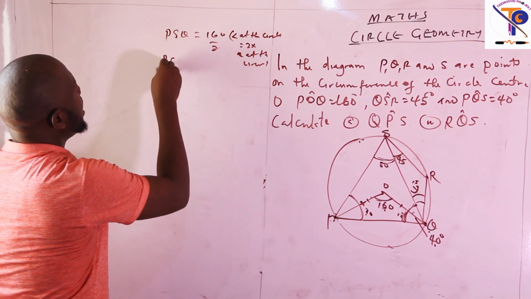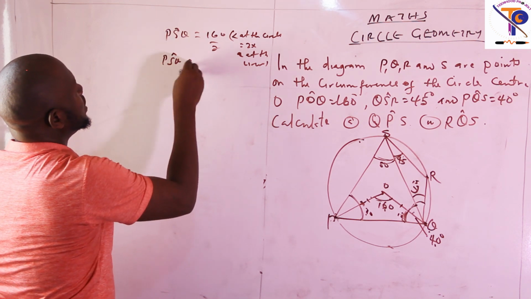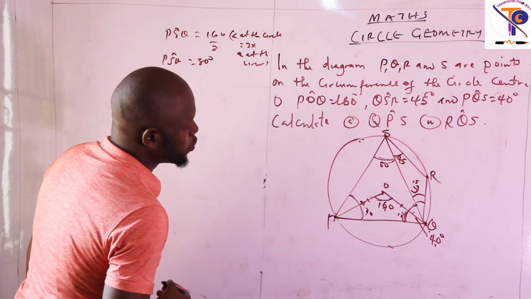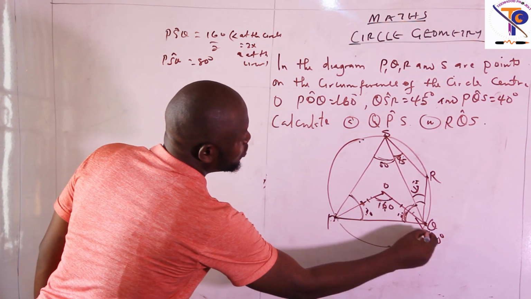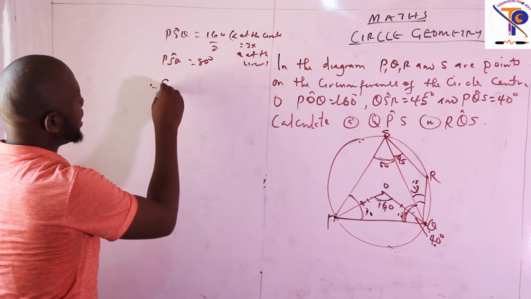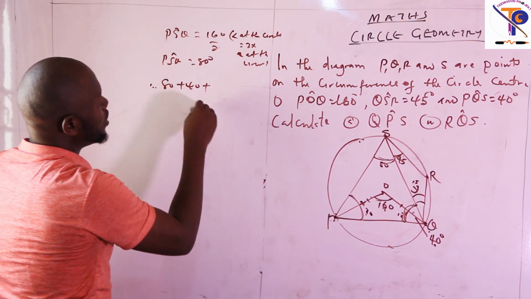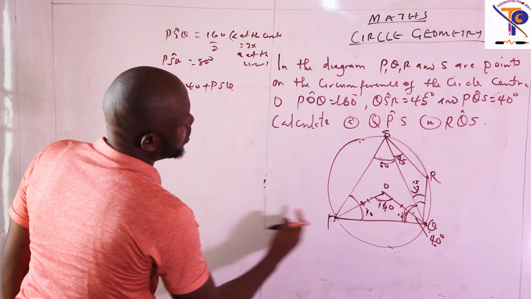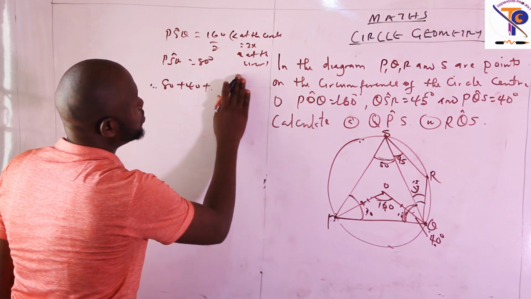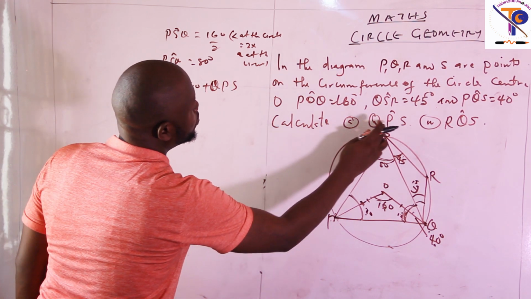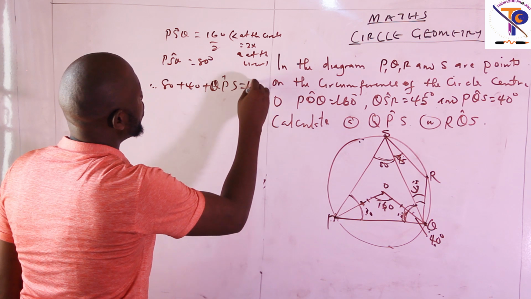So we have PSQ equals 80 degrees here. So once we have 80 degrees here, and this has been given to be 40, therefore to get x first, I will have 80 plus 40 plus QPS now. QPS, this angle is equal to 180 degrees.